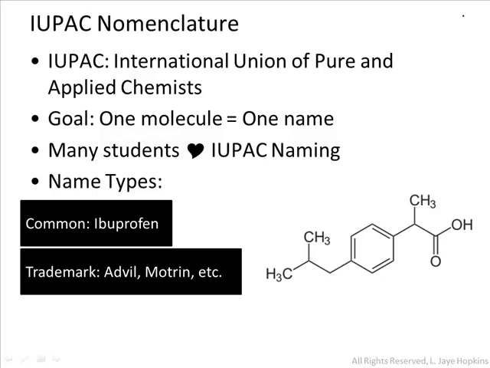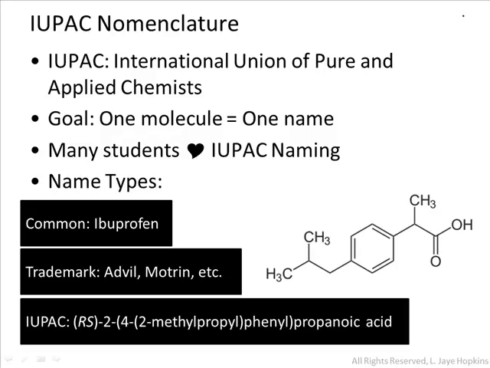This is where IUPAC naming or IUPAC nomenclature comes in. IUPAC nomenclature is used by chemists all over the world to name molecules. The good side of IUPAC nomenclature is that it's very systematic and it's pretty much foolproof as long as you apply the rules correctly. The downside is the names don't sound so great when you read them out loud. They're more commonly used for writing down names.